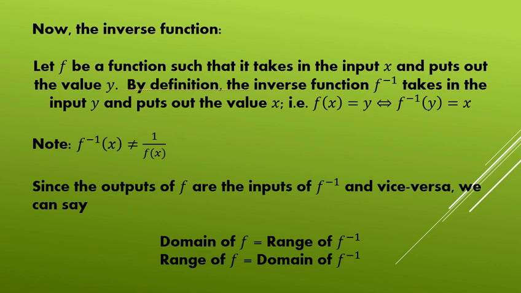So this right here is a general fact about a function and its inverse. The domain of f is equal to the range of the inverse of f, and the range of f is equal to the domain of the inverse of f. So that's just a general fact that you can put in your memory banks for the future.